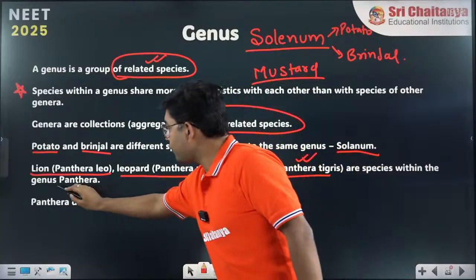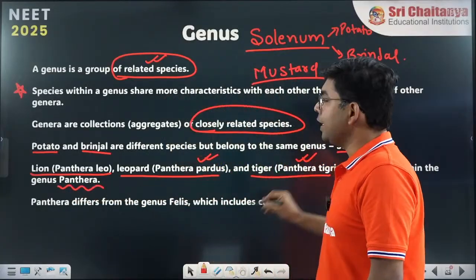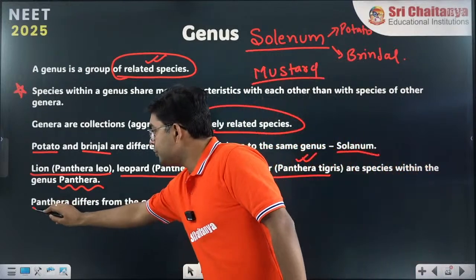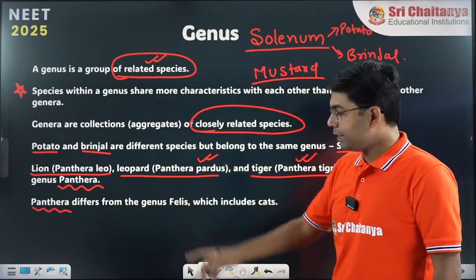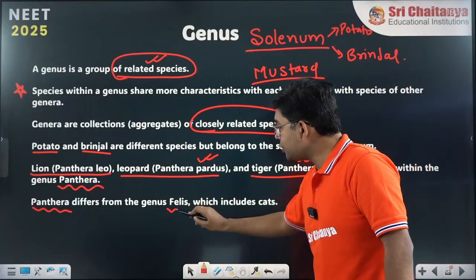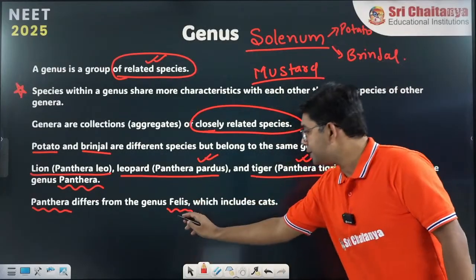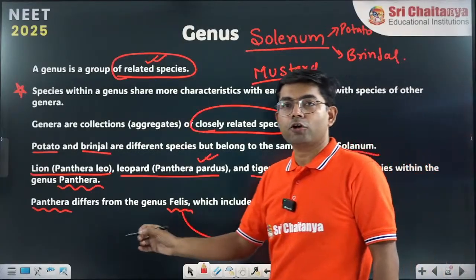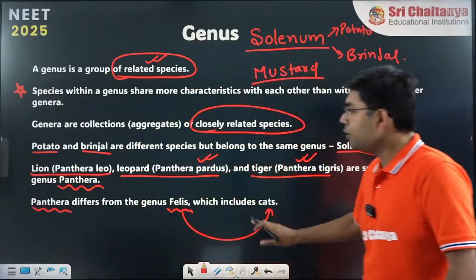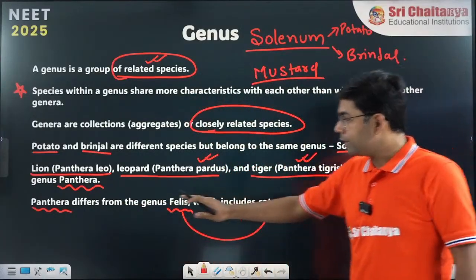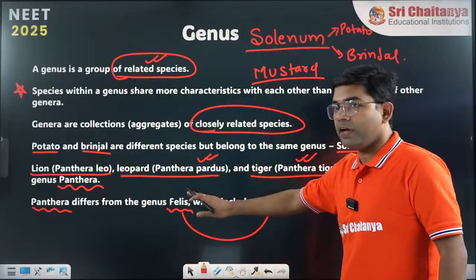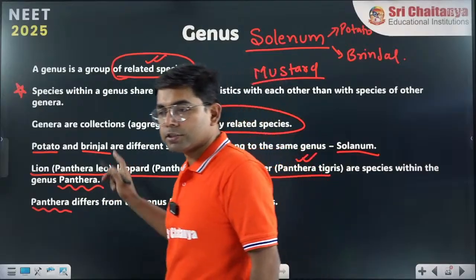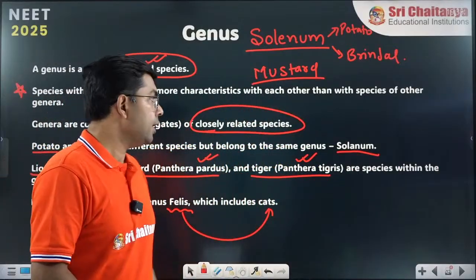So the genus of lion, leopard and tiger is Panthera. Then there is another genus called Felis. Felis is the genus of cat, right? So they are totally different. Panthera differs from genus Felis.